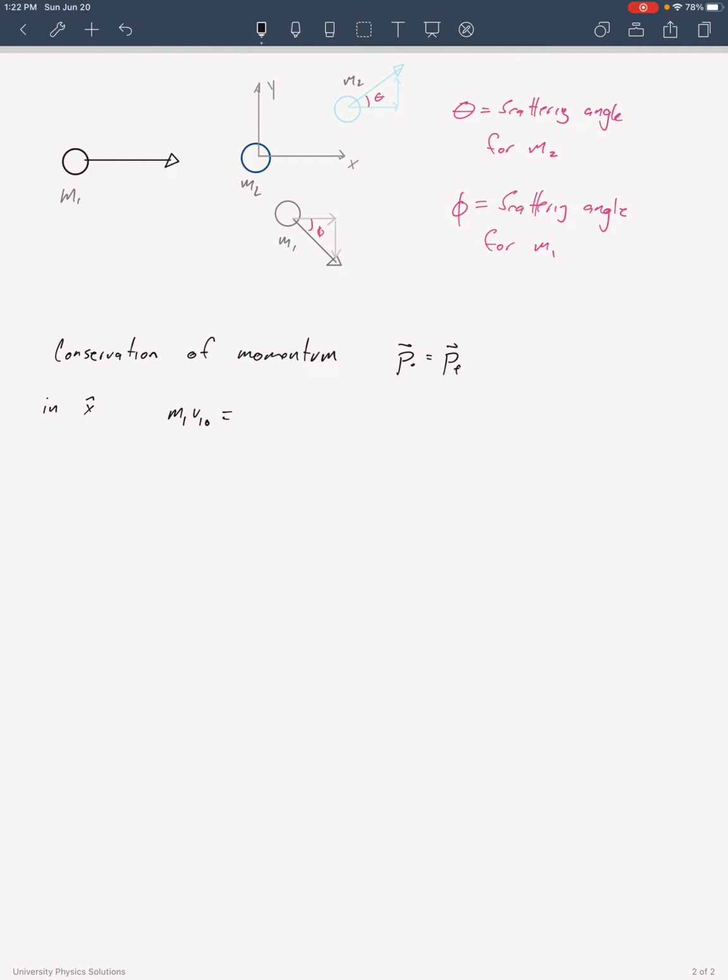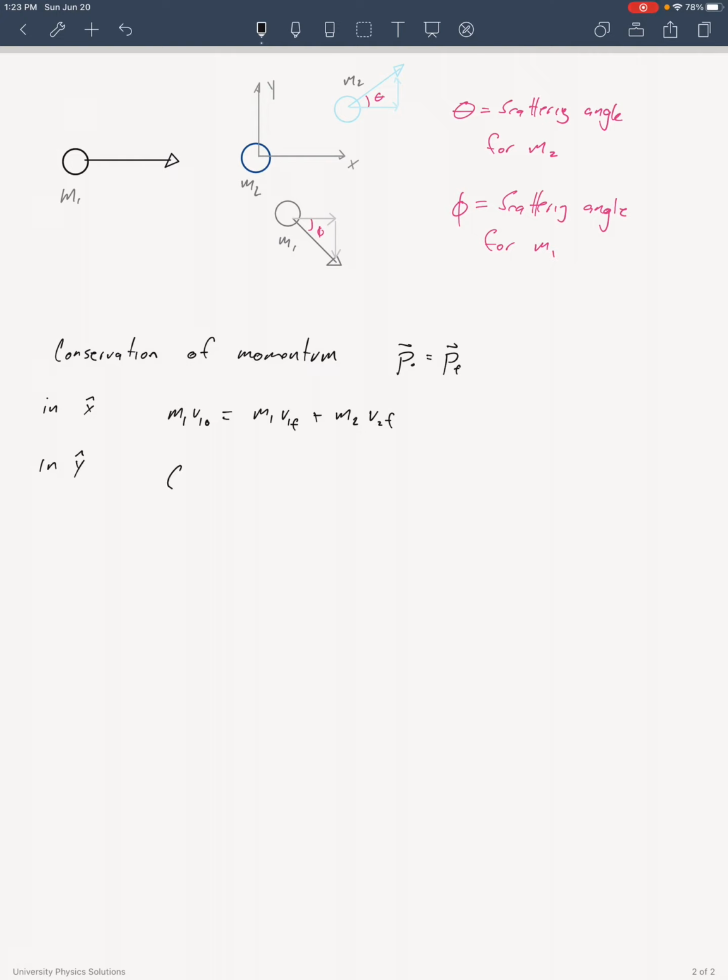So then that's going to be equal to m1 v1 final plus m2 v2 final. And in the y direction, my initial momentum is 0 because there is no momentum for mass 1 in the y direction, since it had no speed along the y-axis. And also m2 had 0 speed in this frame that I showed.